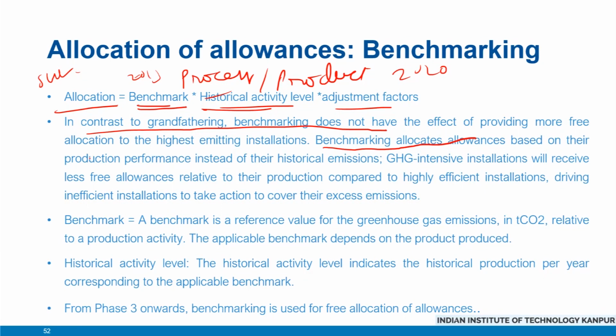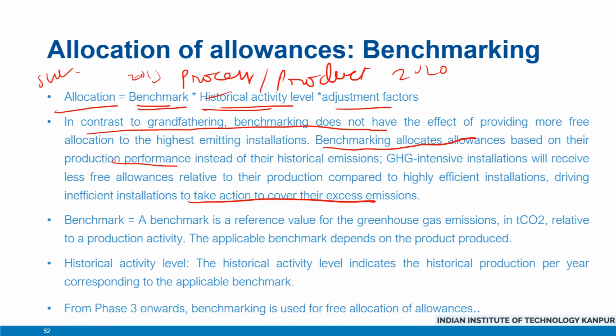The greenhouse gas intensive installations will receive less free allocation relative to their production compared to highly efficient installations, which will drive inefficient installations to take corrective actions to cover their excess emissions. This is very important. Why? Because in contrast to the grandfathering approach, where installations that are not very efficient in terms of carbon were getting windfall gains, here they are getting penalized.